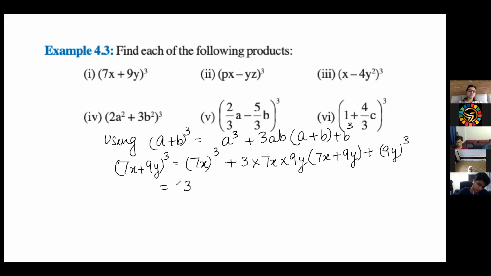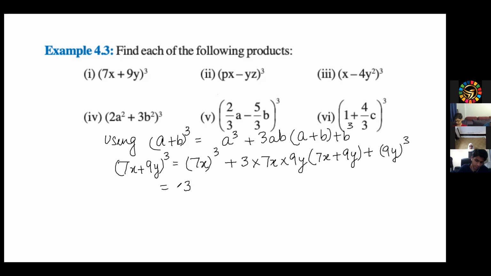Farhana, what is 7 cube? 7 cube means you understand, na? 7 into 7 into 7. So you have to do 49 into 7. Ma'am, 343. Is it 343? 49 into 7, 28, 29, 30, 31, 32, 33, 34. Yes.